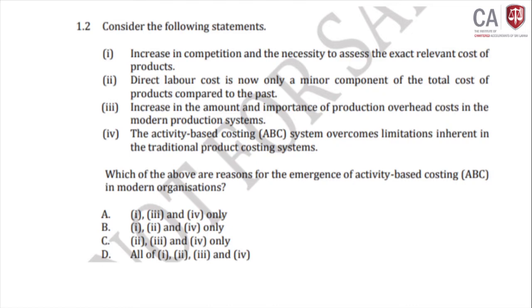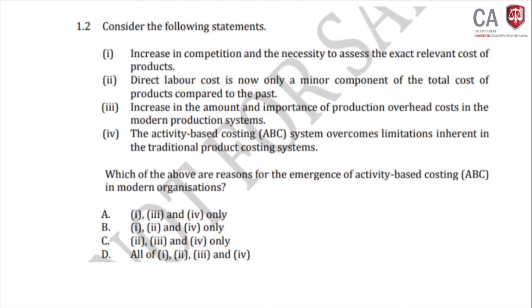Number three, increase in amount and importance of production overhead costs in modern production systems. That's a point I stressed when I started this discussion about ABC. Now, the production overhead is significant compared to the total cost. If you look at earlier, the overhead was not that significant.